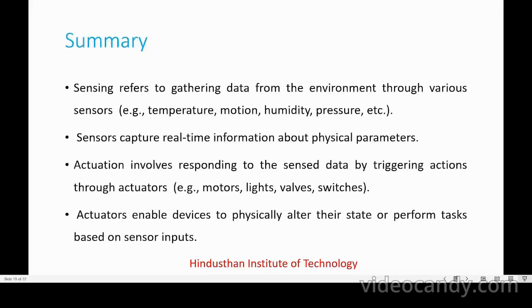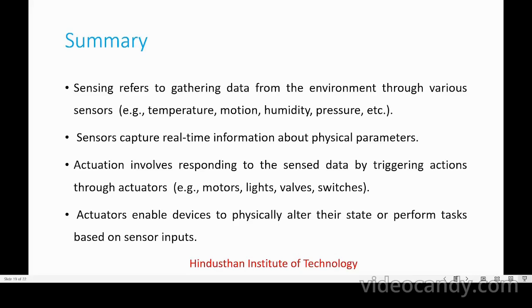Next, summary of today's topic. Sensing refers to gathering data from the environment through various sensors. For example, temperature sensor, motion sensor, humidity sensor, pressure sensor. And also, a sensor will capture real-time information about physical parameters.